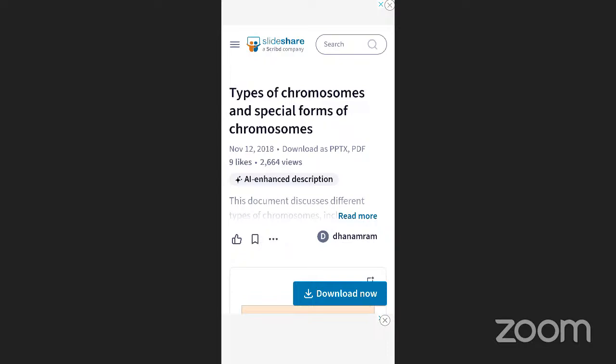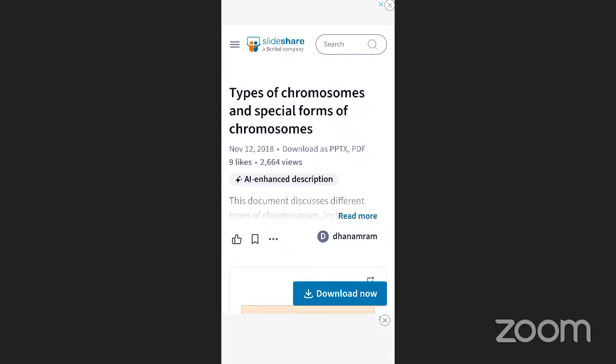This 30 nanometer structure is also called the solenoid. The term in physics, solenoid, means a coil around a central axis. In your book, page 53, figure 3.2 is the diagram of the solenoid model.